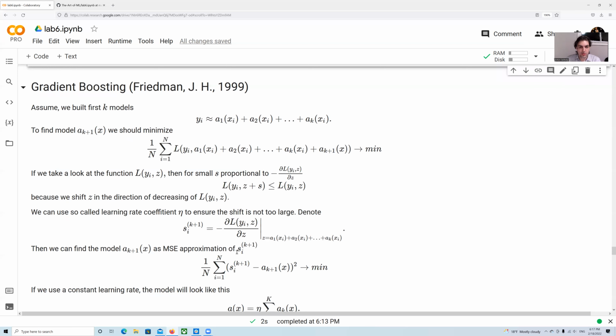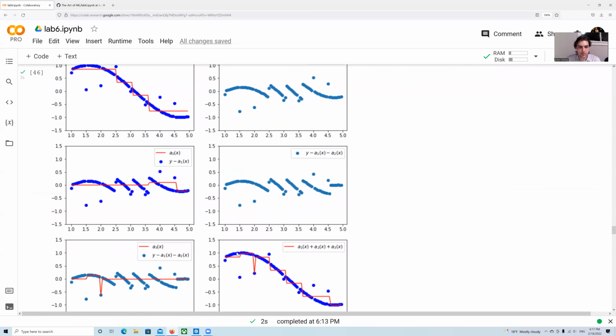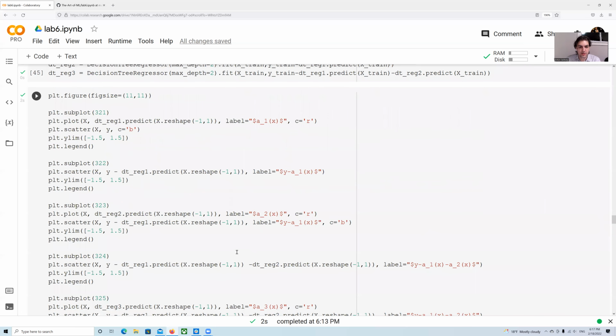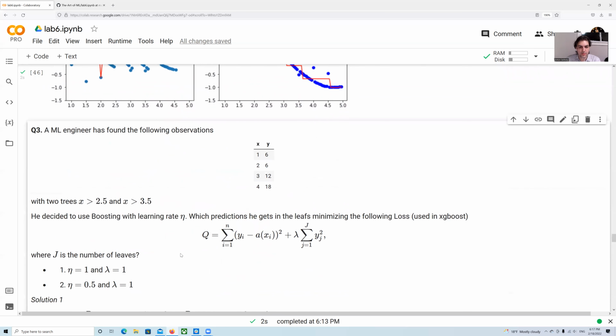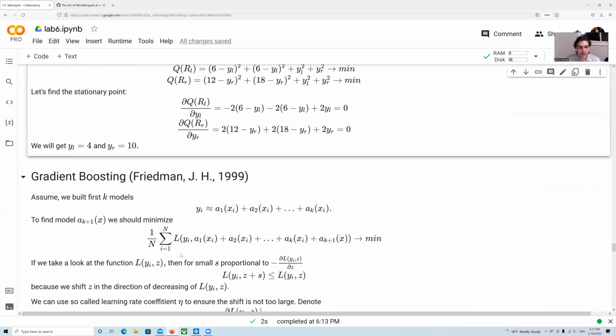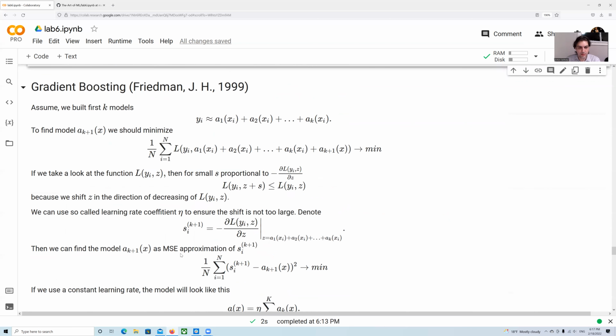We were talking about boosting with the mean squared error loss function. But there are also other loss functions, like logistic regression, log loss, and in that case, there is no sense to use the error term for the second model.